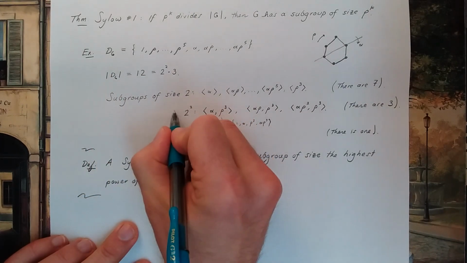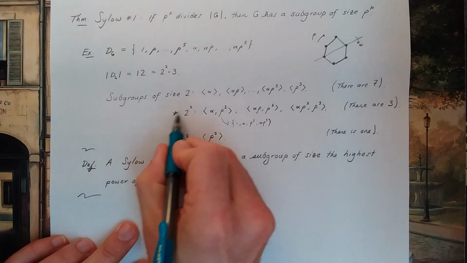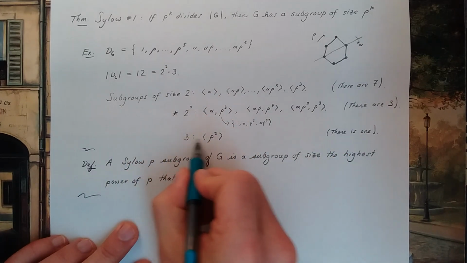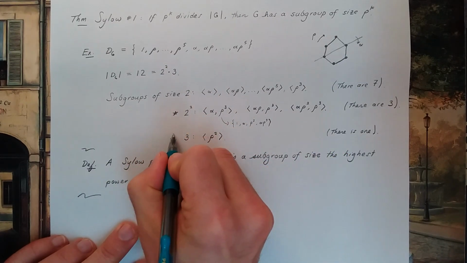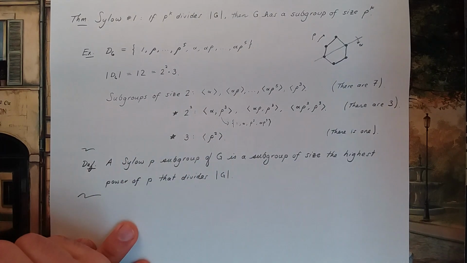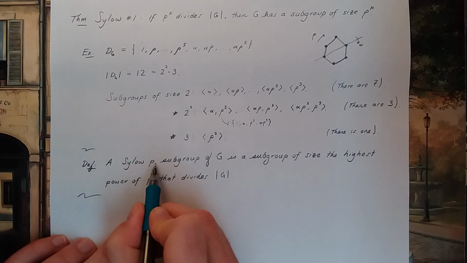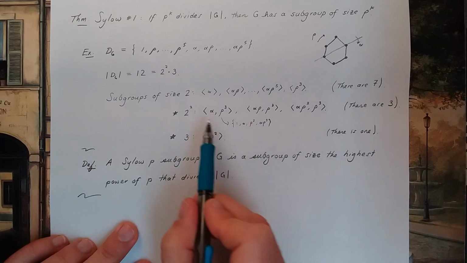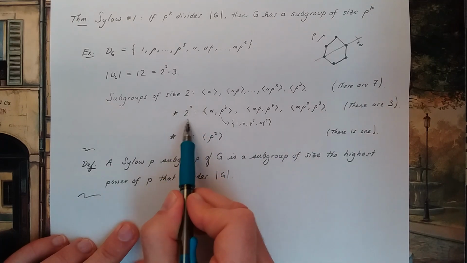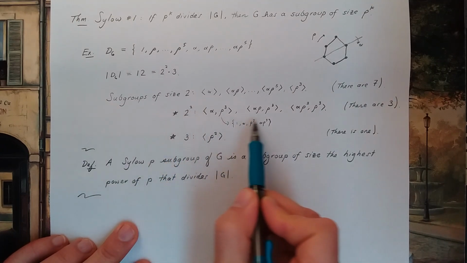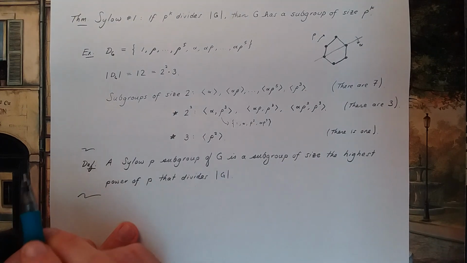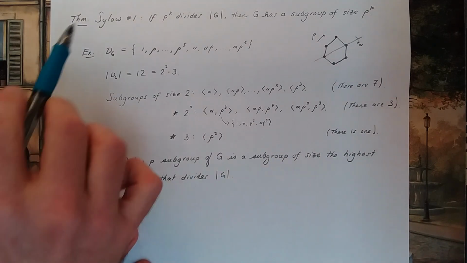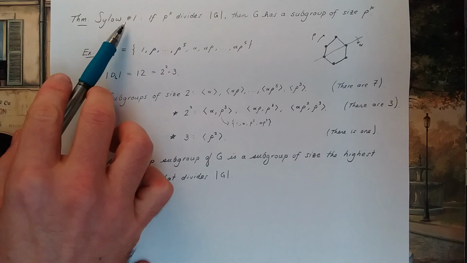So the Sylow 2-subgroups are these guys, and the Sylow 3-subgroup is this one. So that's the definition of a Sylow p-subgroup. It's a subgroup that corresponds to the highest possible power of p that divides the size of the group. A Sylow p-subgroup must exist. That's the content of Sylow theorem number 1.